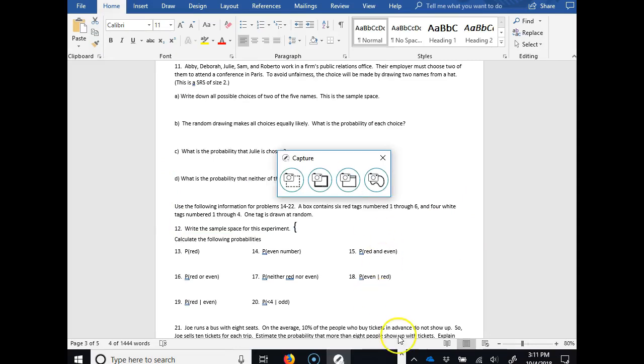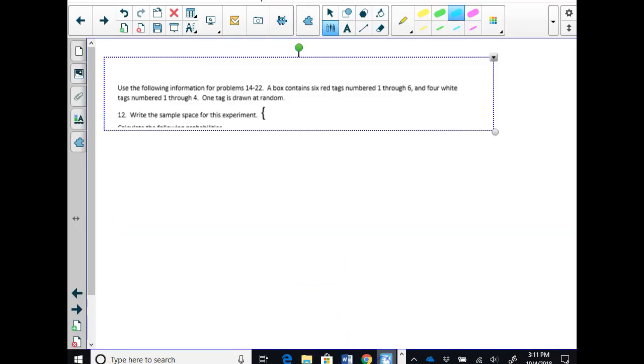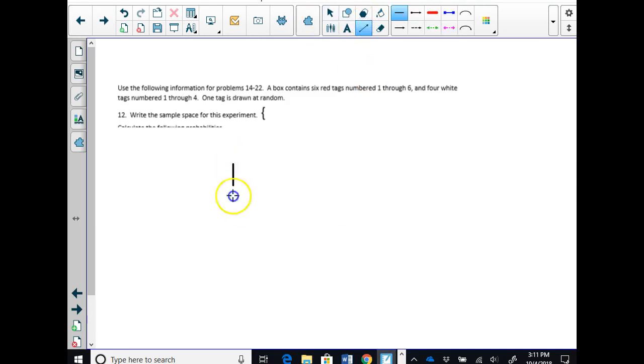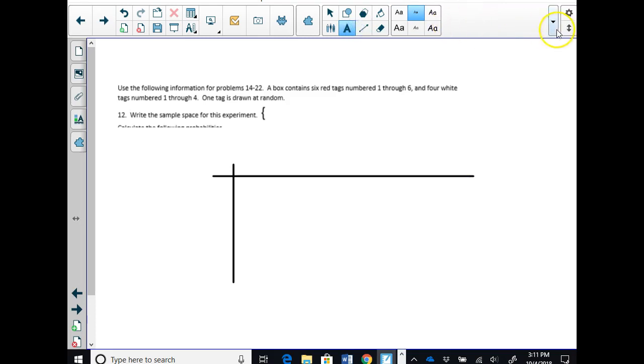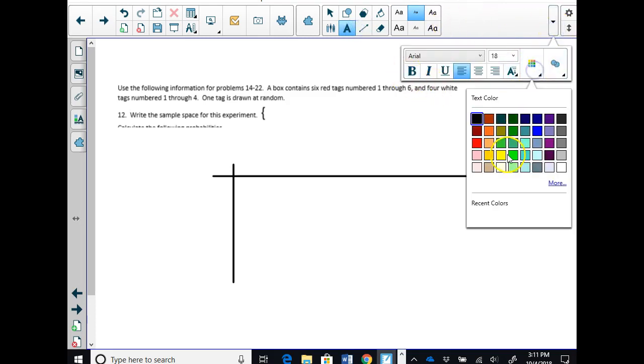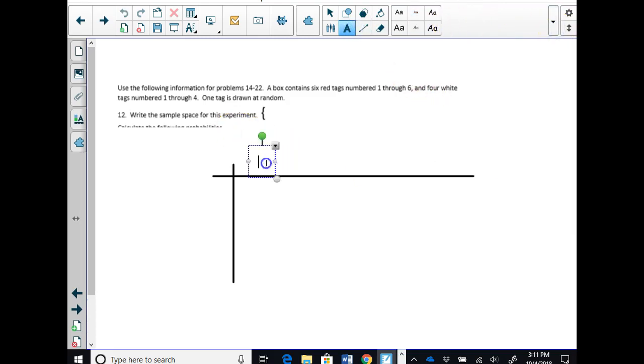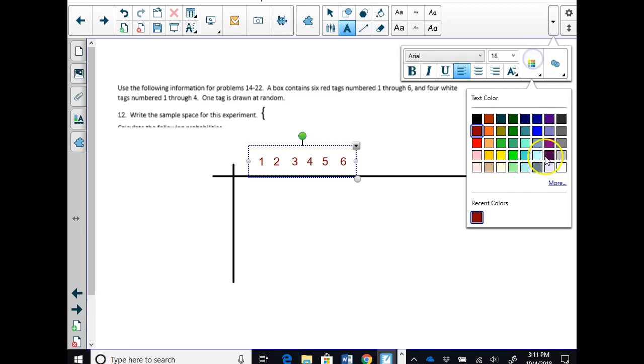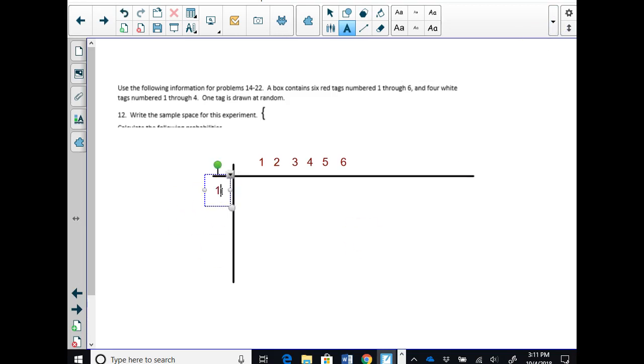There are 2 things going on here, and just like with those dice, anytime you have 2 things going on, I put 1, 2, 3, 4, 5, and 6 in red. Not in white, because that's hard to see, so I'll use a different color.